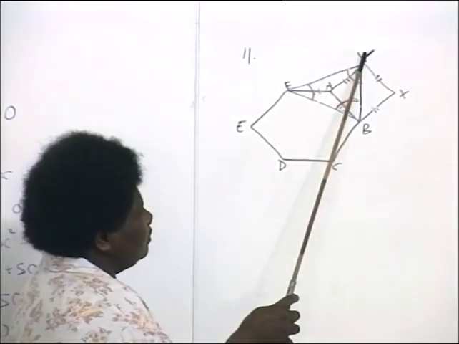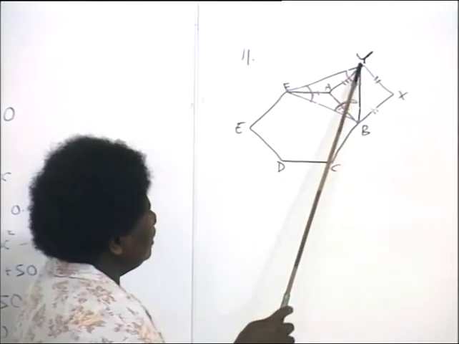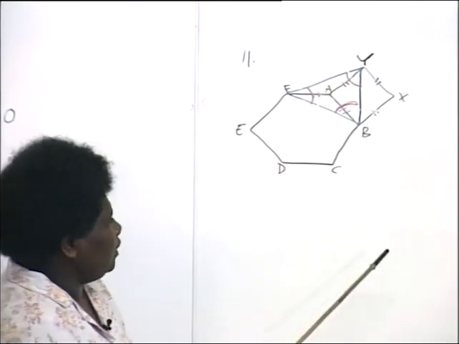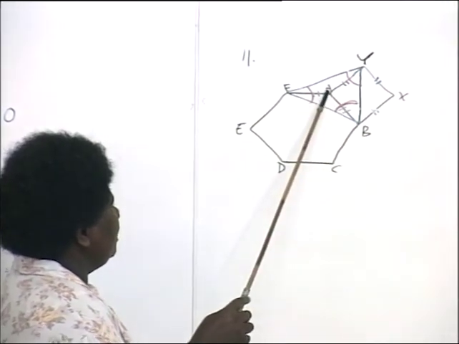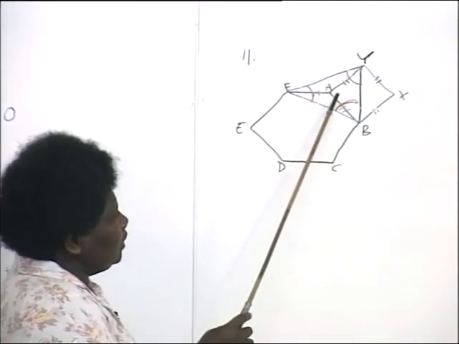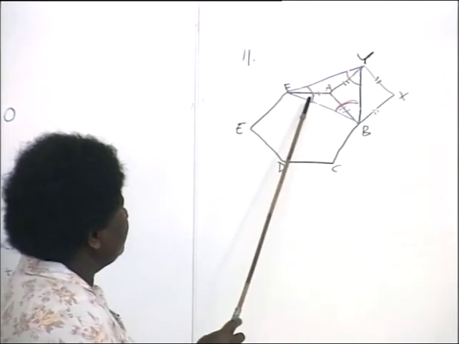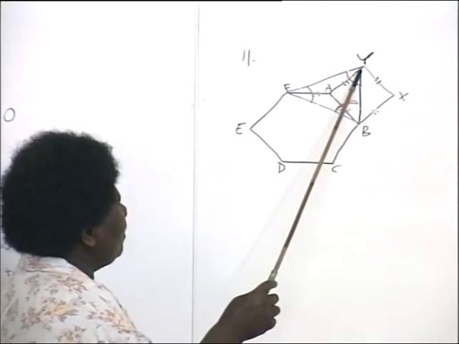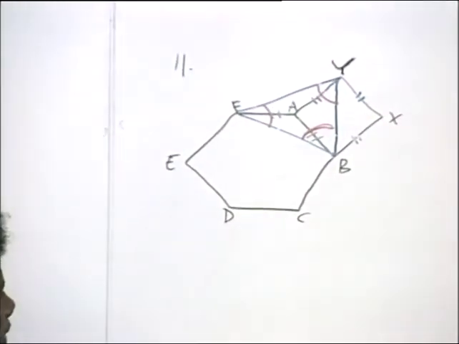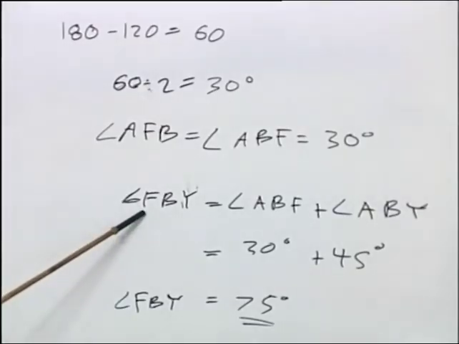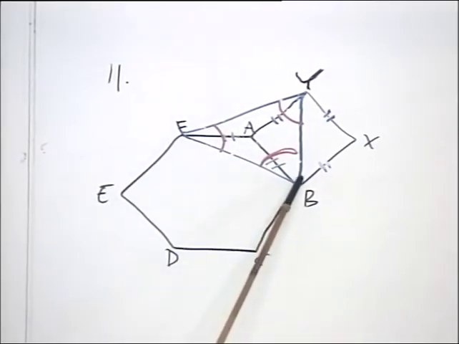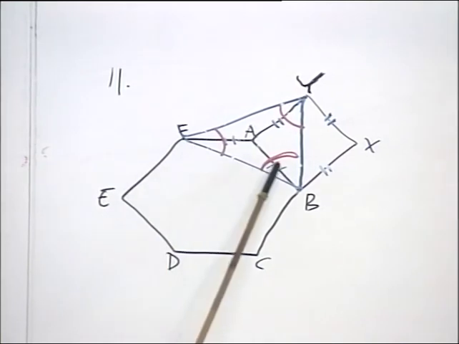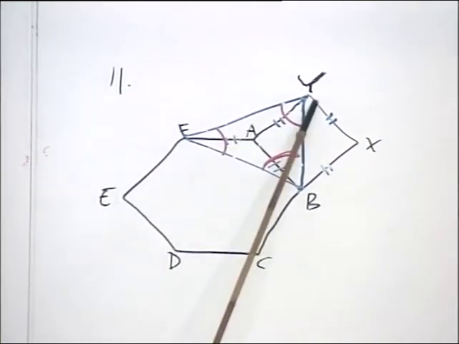He says FBY is equal to ABF. Let me do that again. FBY is equal to ABF, which is this one, plus ABY.